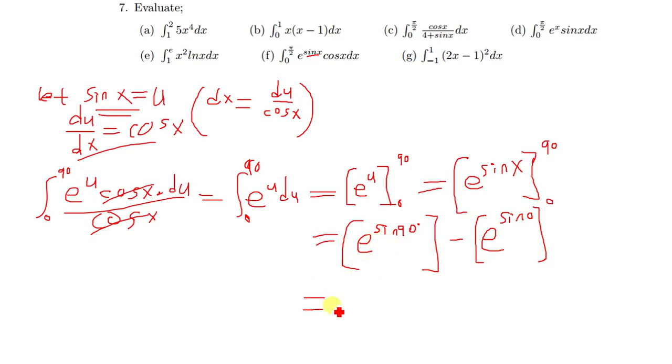So this is just the same as e to the power 1. E raised to power 1 is just the same as e. Then minus, we know that sine 0 is just 0. So this is just the same as having e raised to power 0. Then your final solution will be e minus, any number raised to power 0 is 1. So your final solution for that integral is e minus 1.